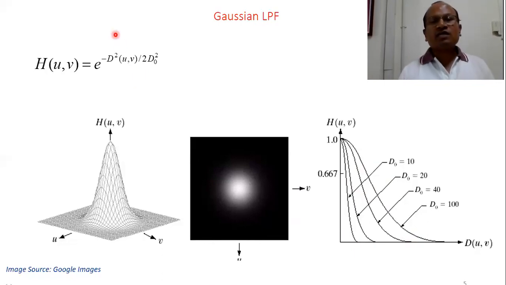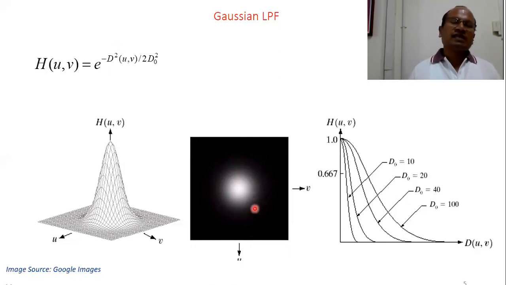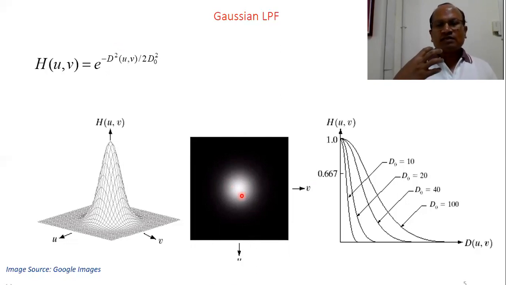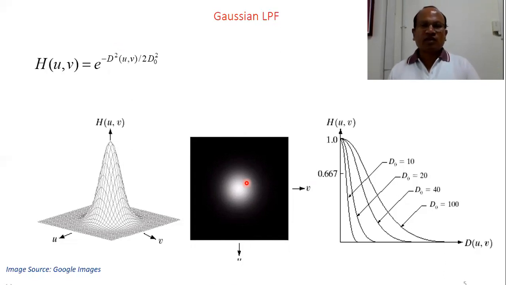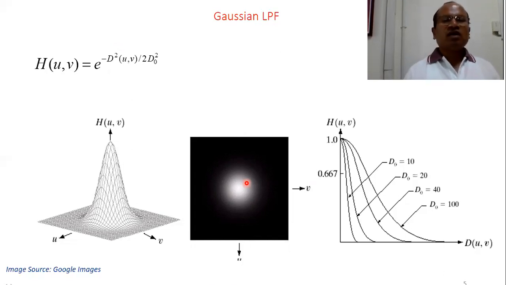And again, see the cross-sectional view of the filter transfer function. You will find that near the center, a white spot can be seen, which indicates that this is the area where the signal will be allowed. It means the low frequency signal will be passed and the high frequency signal will be attenuated.